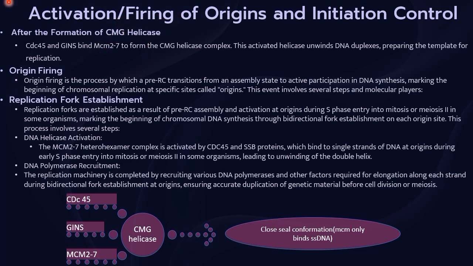These three proteins and protein complexes come together to form this CMG helicase, which is a functional helicase, and is what actually denatures, melts or unwinds the double-stranded DNA for the process of DNA replication.